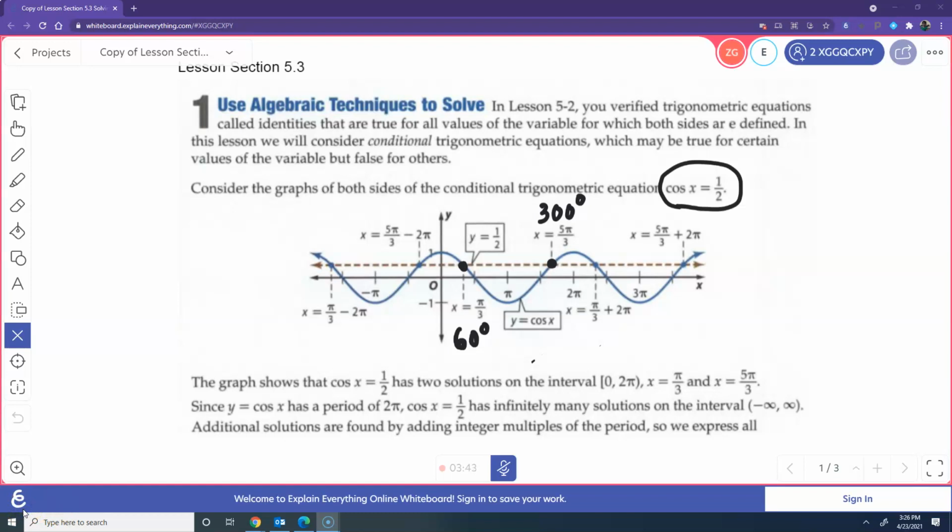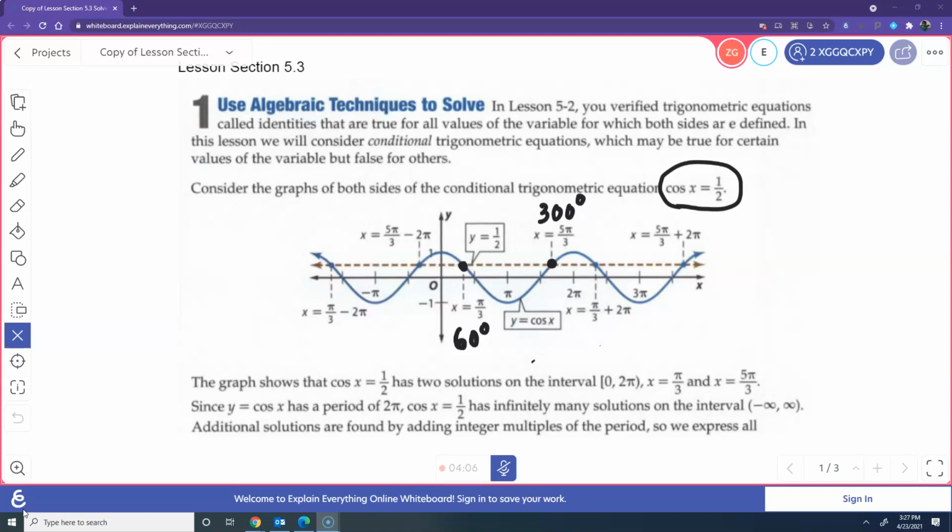Part of my lesson, I did ask a question: when does 1/2 occur on the graph? We know that the period for cosine is 2 pi, and we know that it repeats. That gives you a hint as to whether this answer will ever come up again.